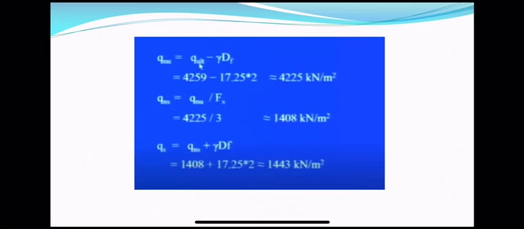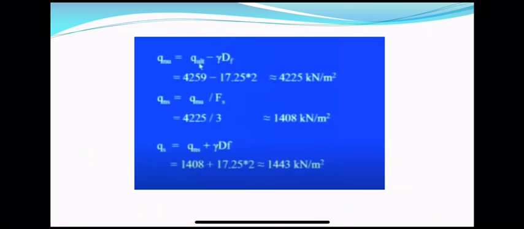Now in order to determine the safe bearing capacity, we have to add gamma Df to the net safe bearing capacity, and it comes out to be 1443 kilonewton per meter square. It means if all the quantities are known, we can find out the ultimate bearing capacity, net safe bearing capacity and safe bearing capacity of the foundation.